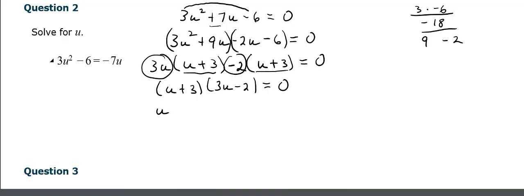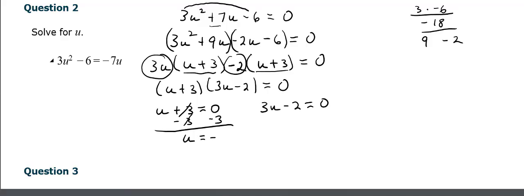So next, we set each factor to 0 and solve for u. So in the first, we're going to subtract 3 from both sides to isolate. And that gives us u equals negative 3. And for the second one, we're going to add 2 to both sides.